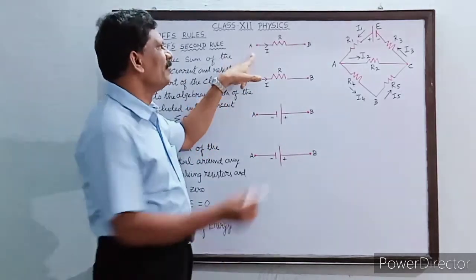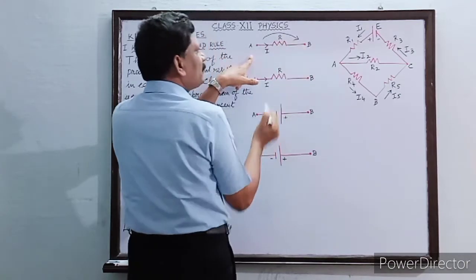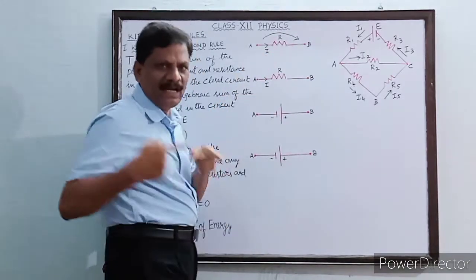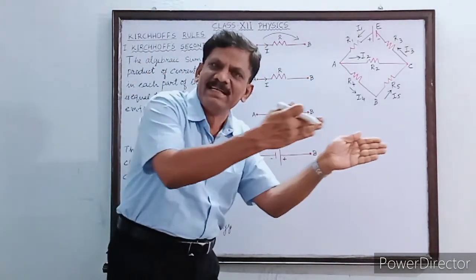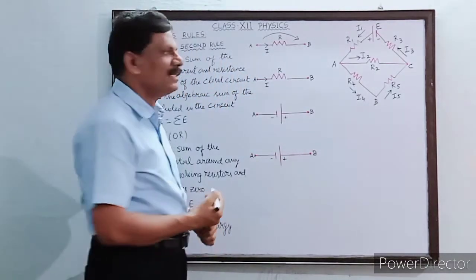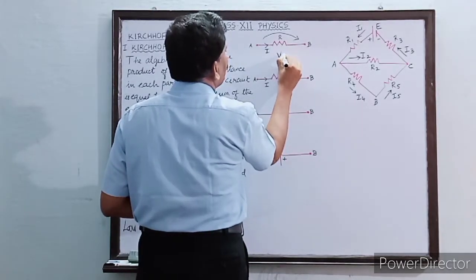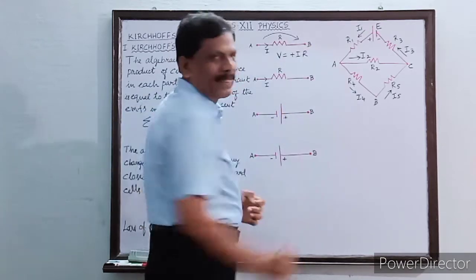So suppose I proceed from A towards B, I am proceeding along the direction of the current. When I proceed along the direction of the current, then the product I into R will be positive. So V is equal to plus I into R, that is positive.